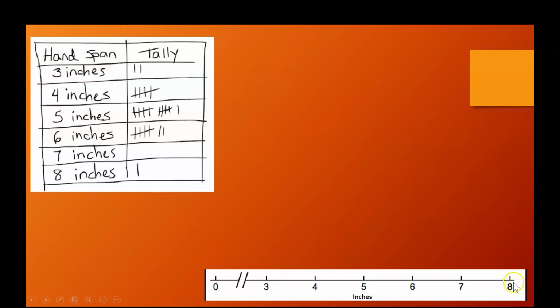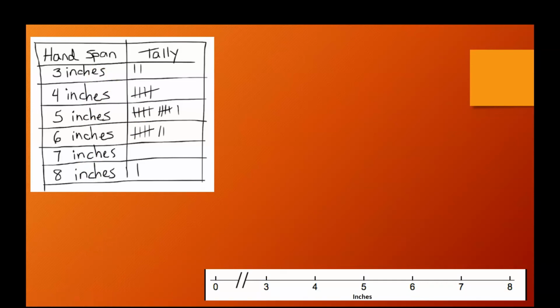Then we ended with 8. There's no point in using any numbers that we don't really have unless they're in the middle like the 7. Just kind of saves room. So we start at a 3 and we're going to end at the 8, just like we have over here.